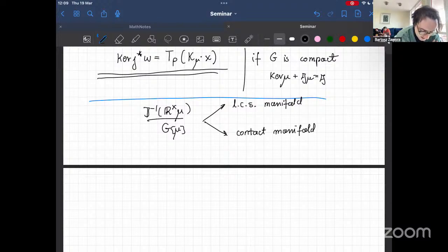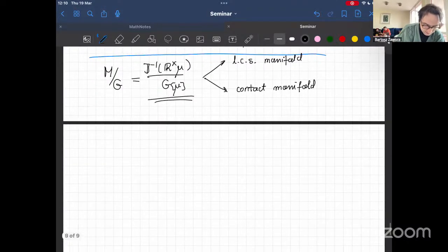They rather study the lifts of the Jacobi manifold, which is in this case the contact manifold divided by the whole Lie group G, and they prove that this leaf, which corresponds to the reduced manifold of this form, possesses a locally conformal symplectic structure or contact structure. So it's a little bit different, and the approach is much more complicated and technical.